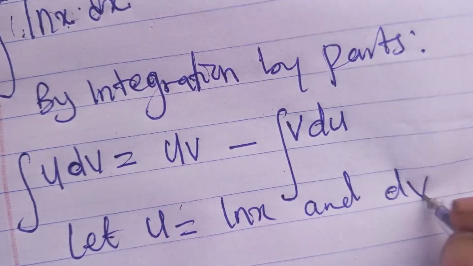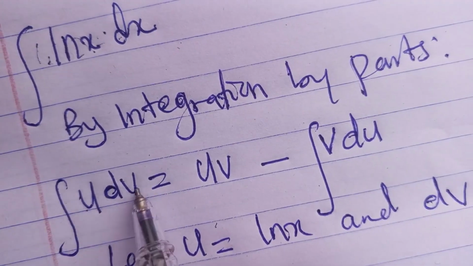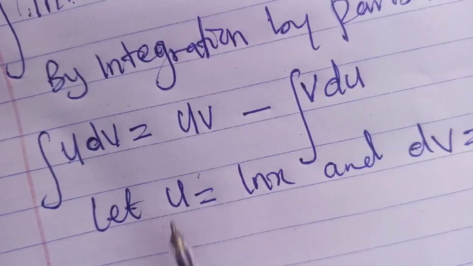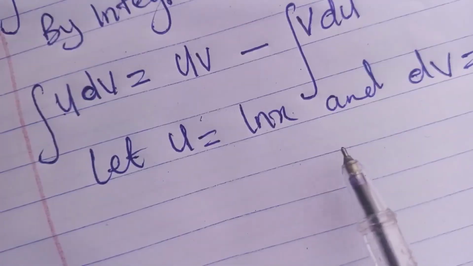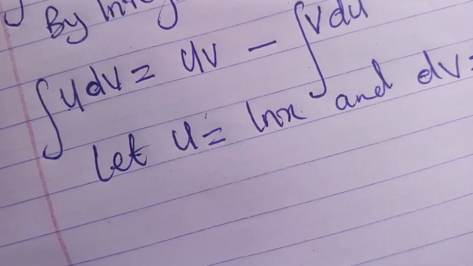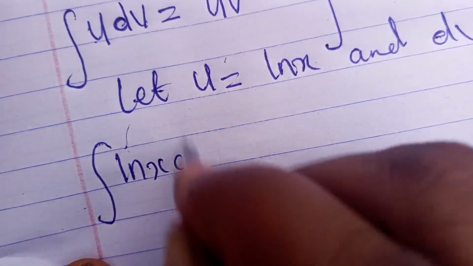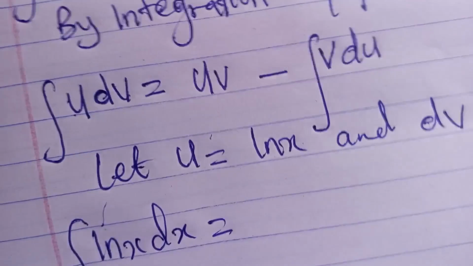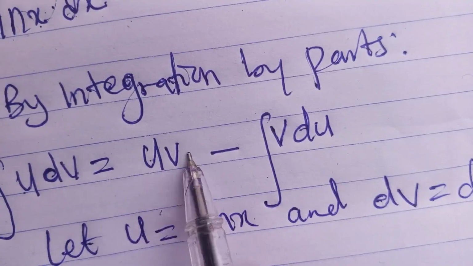and our dv will now be what? dx. From here, u dv. So if we take our u to be ln x, then our dv is obviously dx. Then using this formula, the integral of ln x dx equals, the first one is uv.